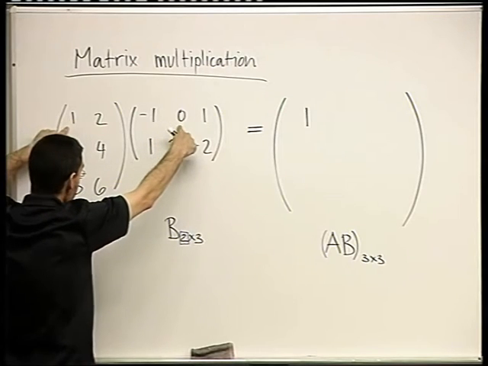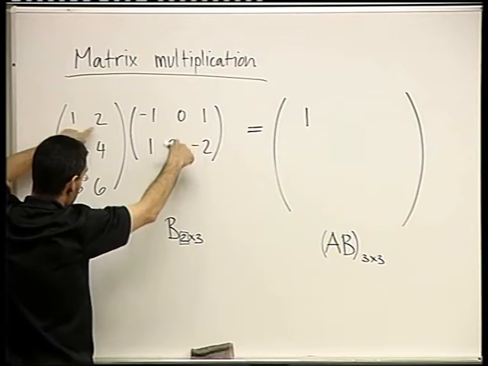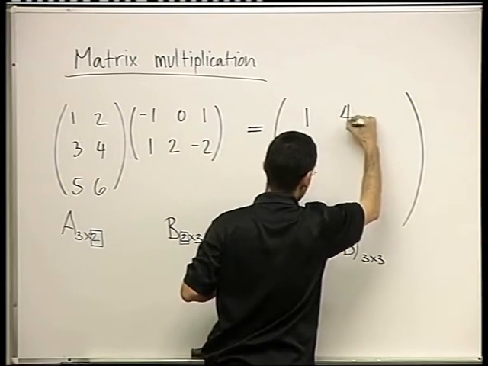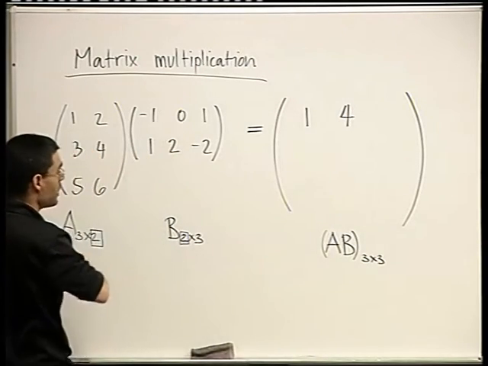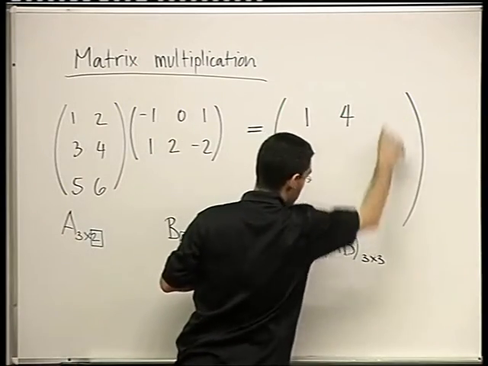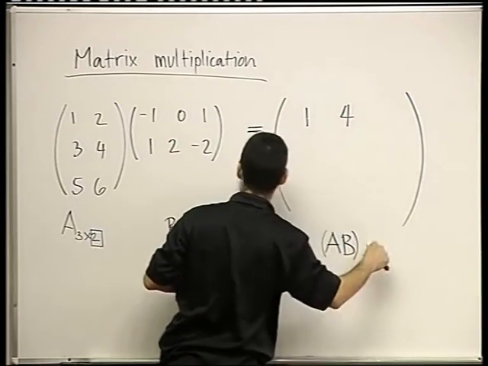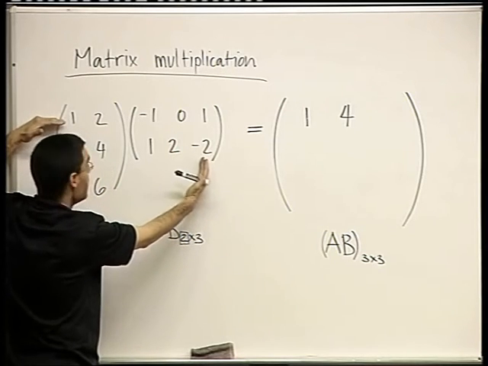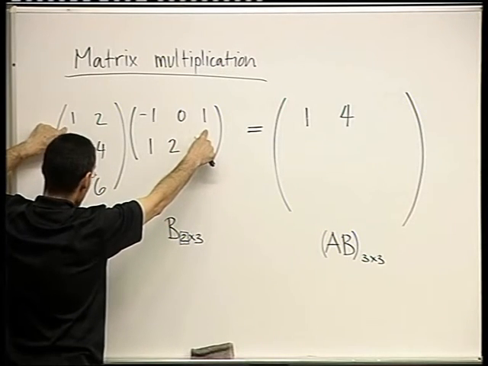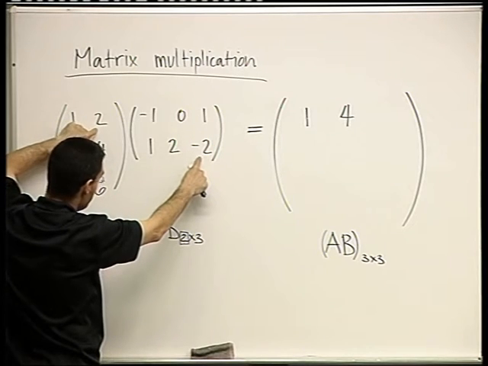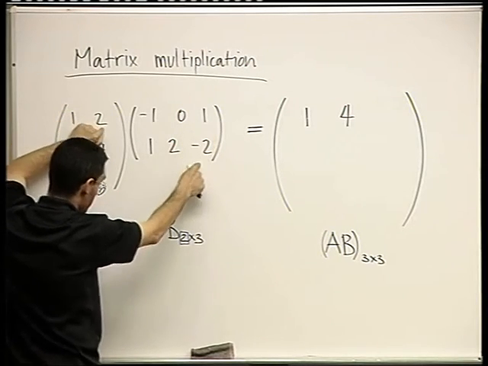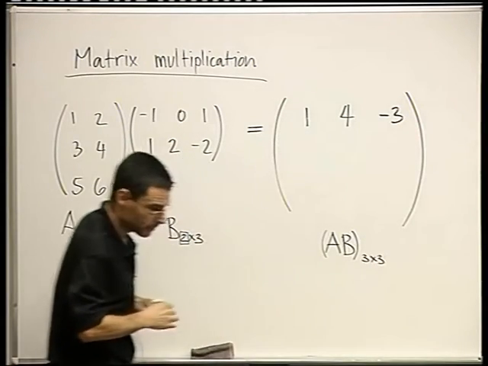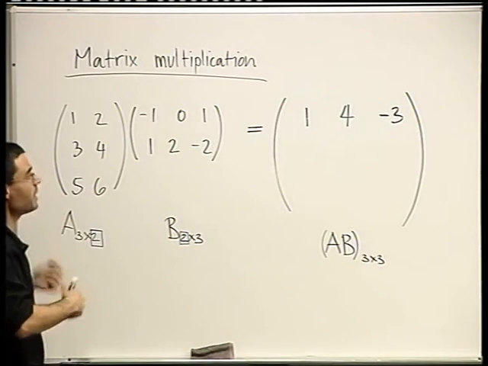So it's 1 times 0, 0, plus 2 times 2, 4. So this is going to be a 4. The third entry, row 1, column 3, corresponds to row 1, column 3. 1 times 1, 1, plus 2 times negative 2, negative 4. 1 minus 4, negative 3. Good? Okay? Starting to get the hang of it.